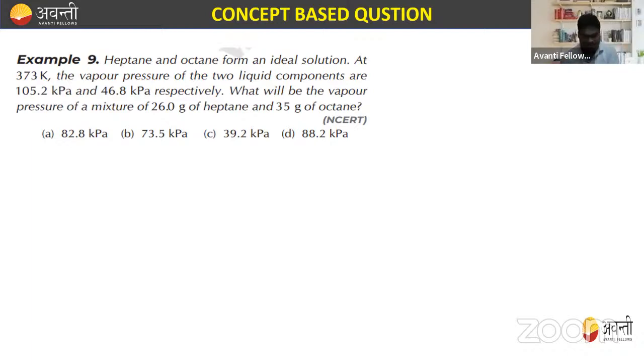What is the question given, beta? In this question, heptane and octane form an ideal solution. At 373 Kelvin, the vapor pressures of the two liquid components are already given.